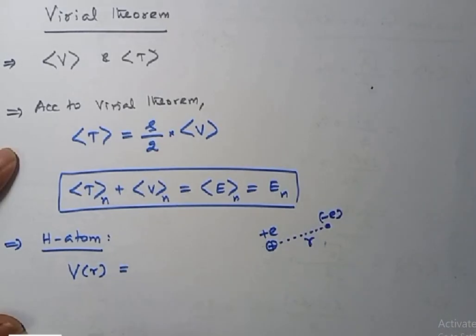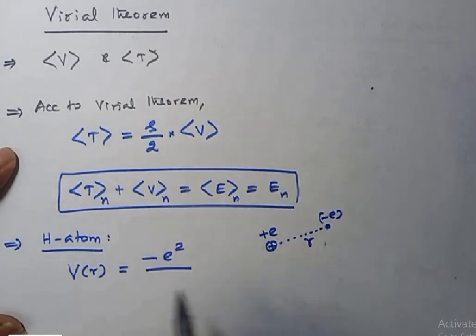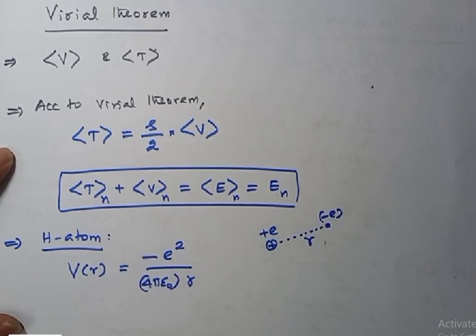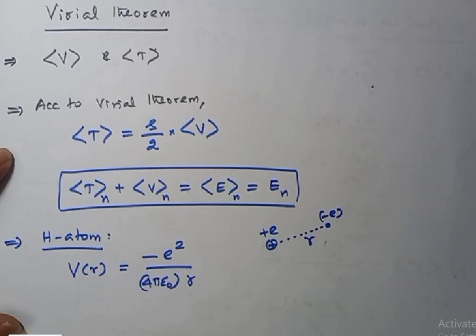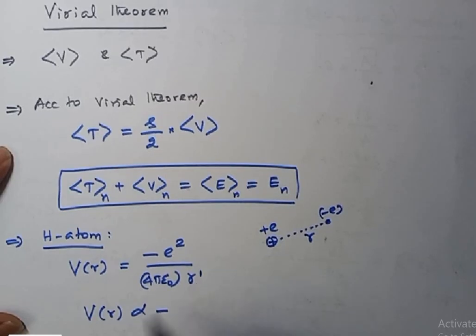So the potential energy is the product of the two charges, minus e square, divided by the permittivity of the medium 4 pi epsilon naught, divided by the distance. Here e square and 4 pi epsilon naught are all constants, so potential energy is directly proportional to minus r power minus 1.